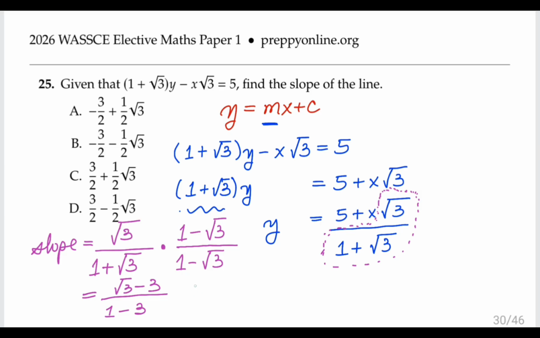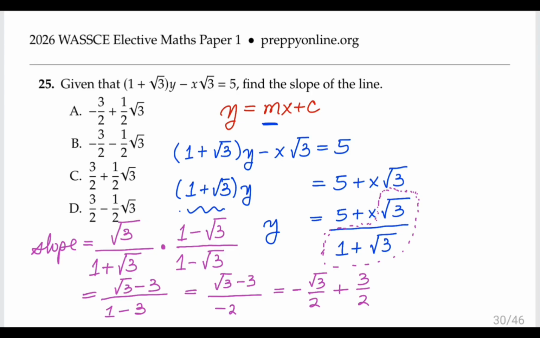And what is this equal to? We have the square root of 3 minus 3. And then in the bottom, we have minus 2. So what is this equal to? If we want to write them as two separate fractions, we get minus the square root of 3 over 2 plus 3 over 2.